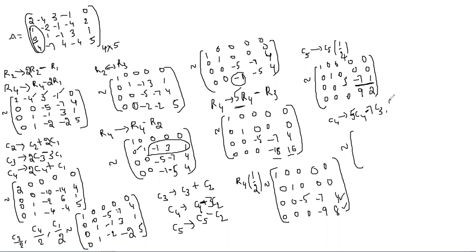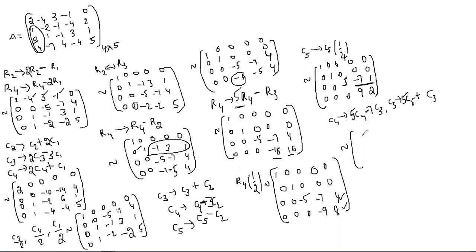Sorry, another one also we can do, C5. C5 we do with the help of C3. C5 is 1 and here it is 5, so we need to multiply with 5. So 5C5 and opposite sign, plus C3, since it is minus 5 here.